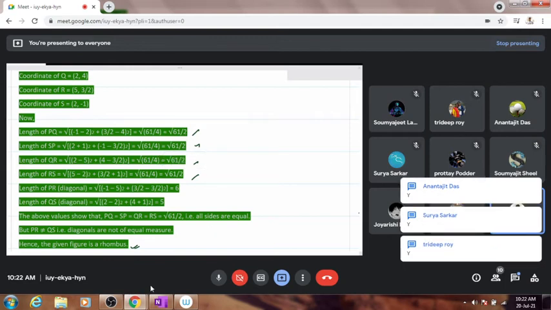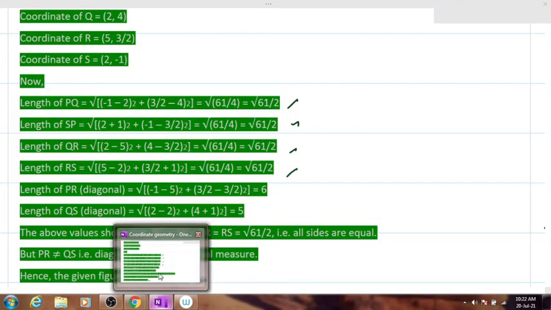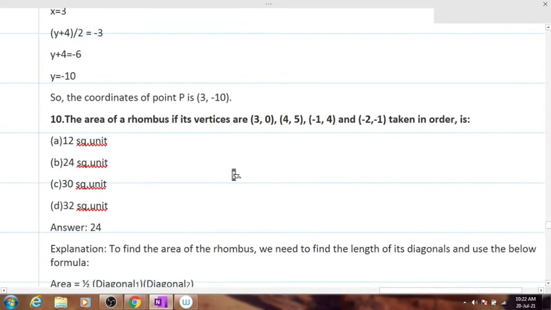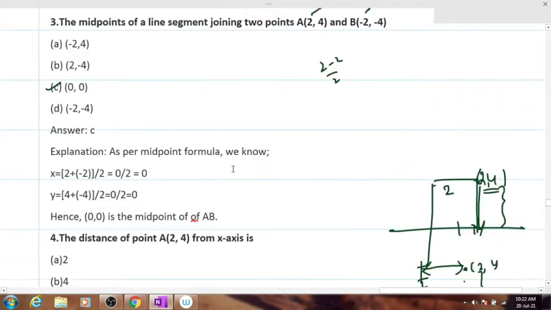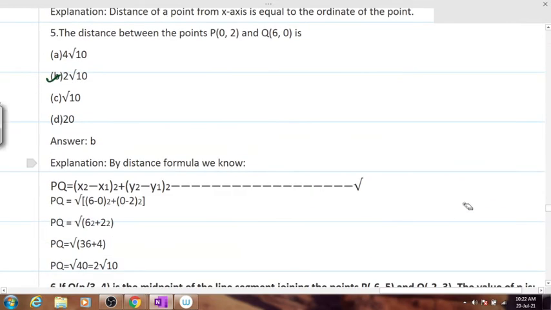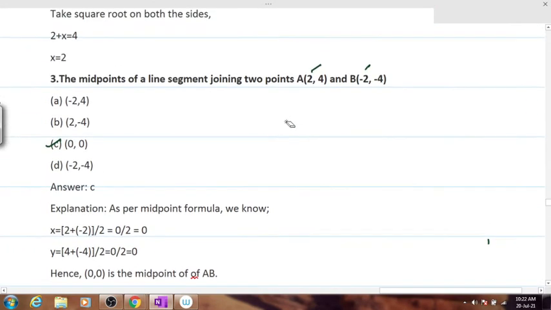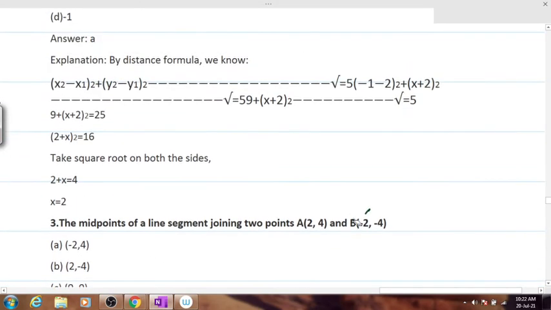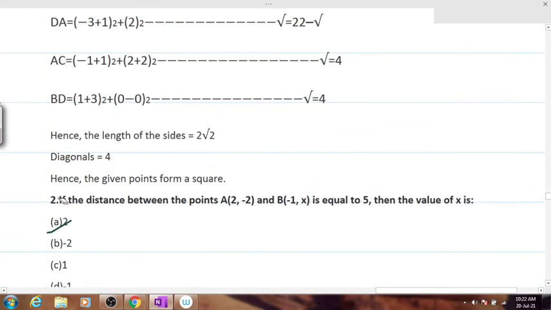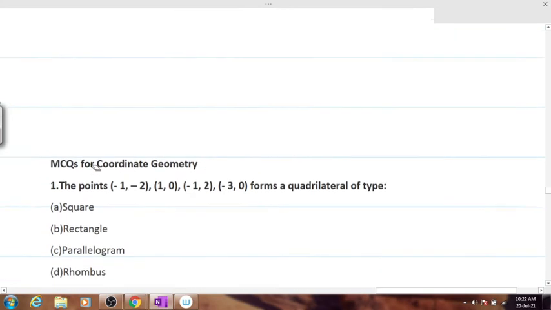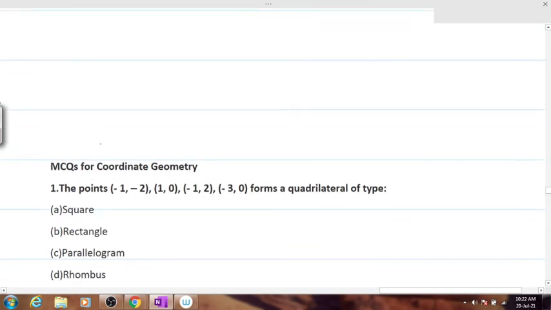Done. Okay then. Now the next topic is MCQs. Your favorite portions, MCQs. Now we'll start off with MCQs. Next topic, MCQs based on coordinate geometry.